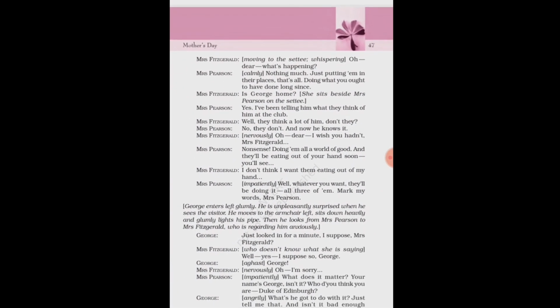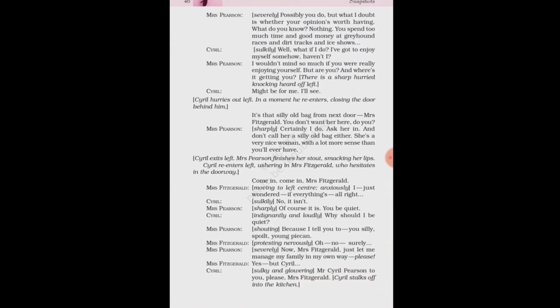So in the previous scene, Mrs. Fitzgerald has entered, and then they're talking, and she wondered whether everything is going well. Cyril says no, and then Mrs. Pearson says that it is going well, and tells him to be quiet. Cyril asks why he should be quiet, and Mrs. Pearson says, "Because I tell you to. Don't make any fuss, you silly, spoiled boy."